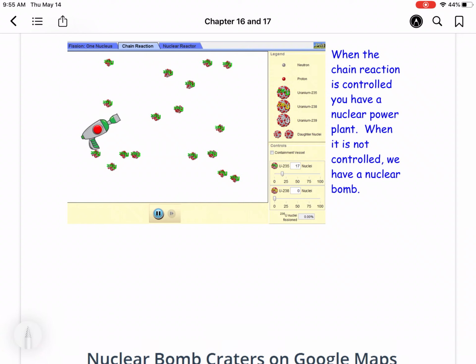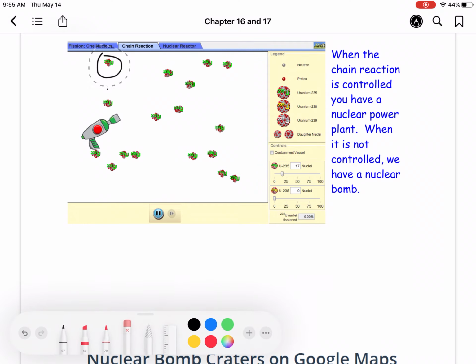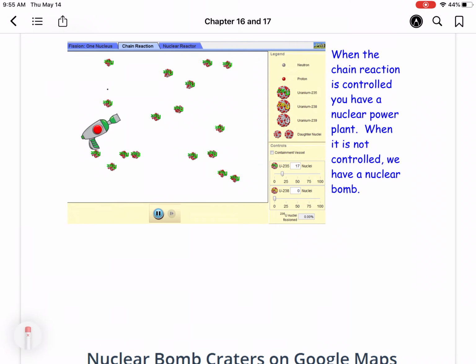So when you have the chain reaction being controlled, you have a neutron gun here, and you have a small amount of uranium in here. You actually break the uranium up and dissolve it in water, well, a version of water, and you hit this button here, and you fire one neutron.